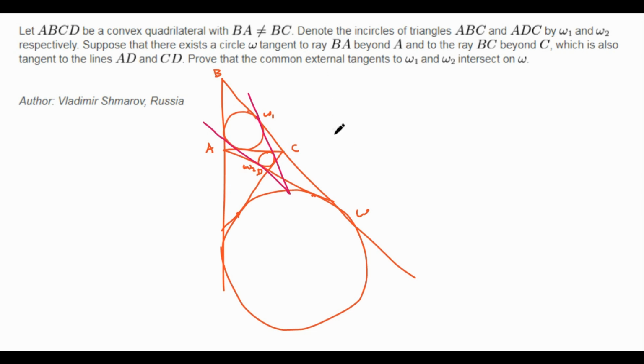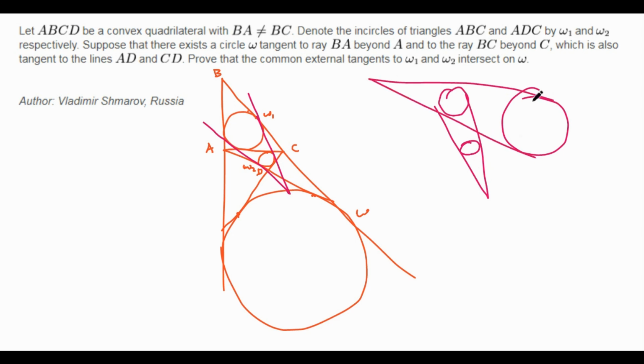Before we do anything here, the first thing that we think of when we think of the common external tangents to omega 1 and omega 2 is Monge's theorem. Monge's theorem states that if we have three circles, then the common external tangents of them pairwise are going to be on a single line like this.